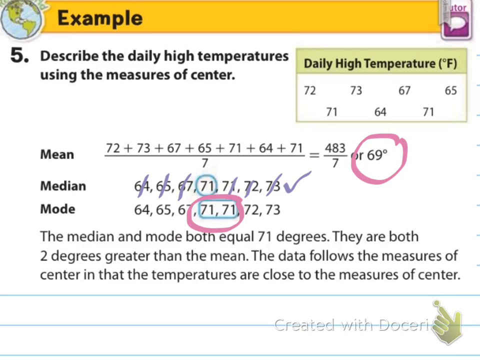They're both 2 degrees greater than the mean. The data follows the measures of center in that the temperatures are close to the measures of the center. So that 69 and 71, they're not that far apart. It's not like we're talking about the lowest number or the highest number. We're talking about numbers that are in the middle of the data set. So 69 and 71 are both really good measures of center.